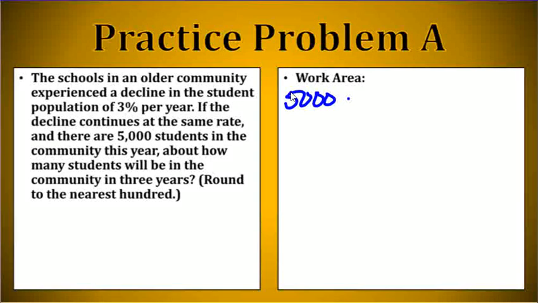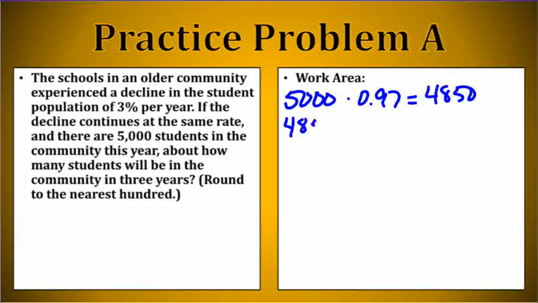Since it's a 3% decrease, that means it's always 97% of what it was the previous year. So 97% of 5,000, multiply that by 0.97, that will give us an answer of 4,850, so that's after 1 year.